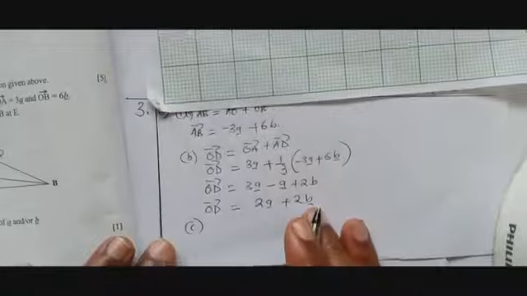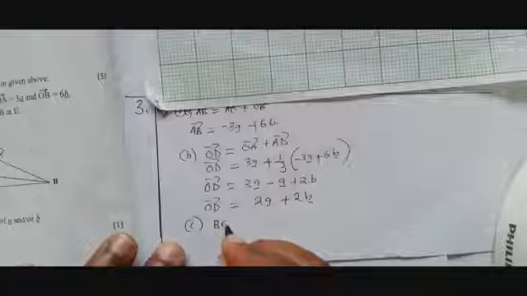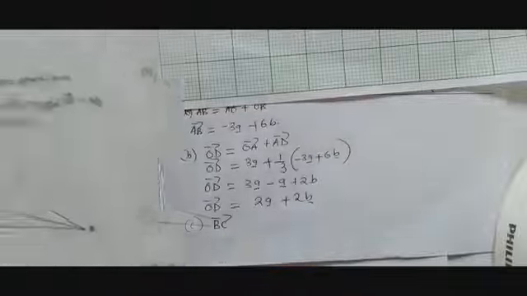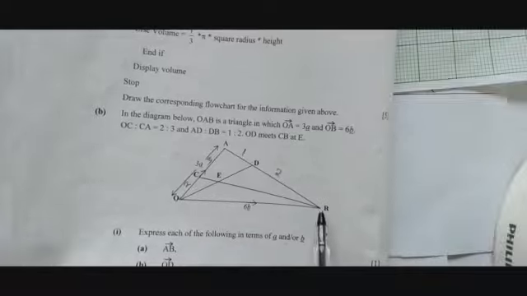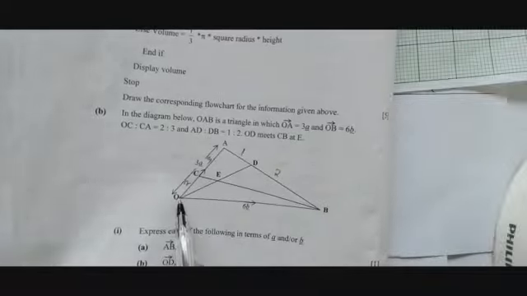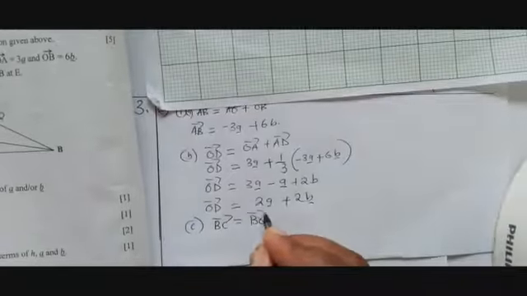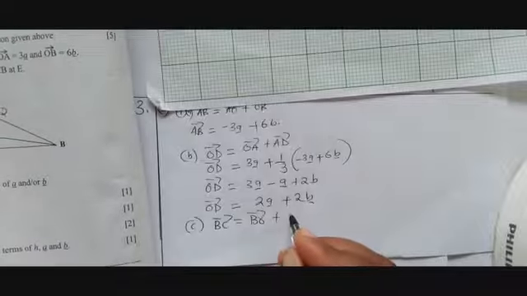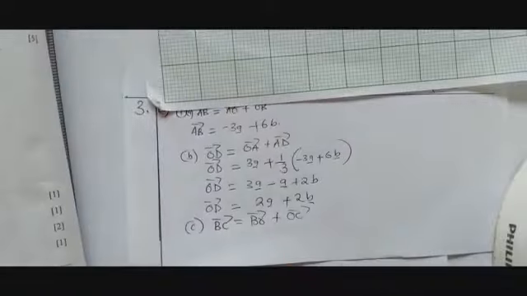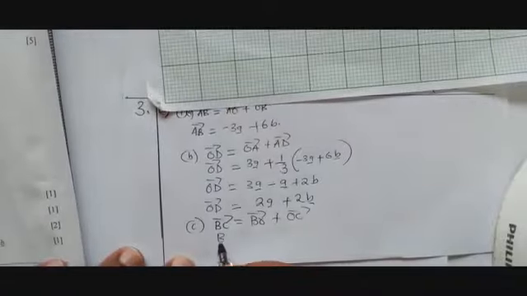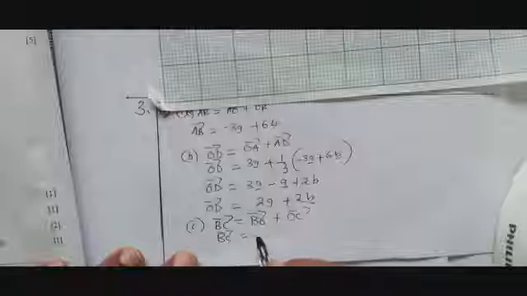Then we go to C. What is C? We are saying we need to find vector BC from B to what? C. We can easily move from B to O to C. So we have BO plus OC, all right? So BC is equal to BO is negative.